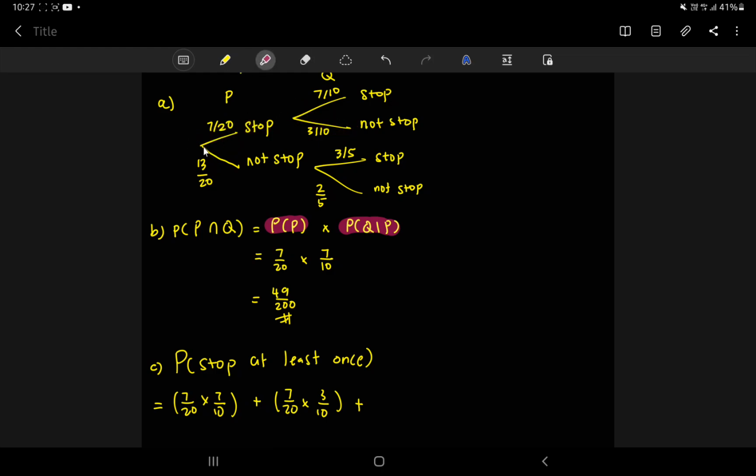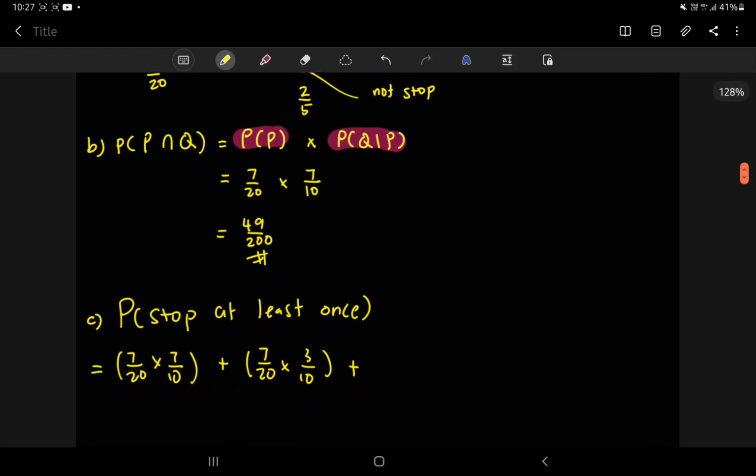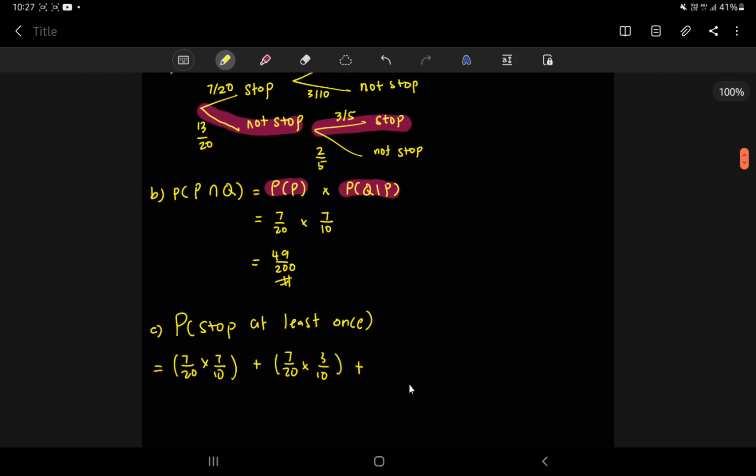the last one, when he does not stop at P but he stops at Q, which is also considered. So that is 13/20 times 3/5.